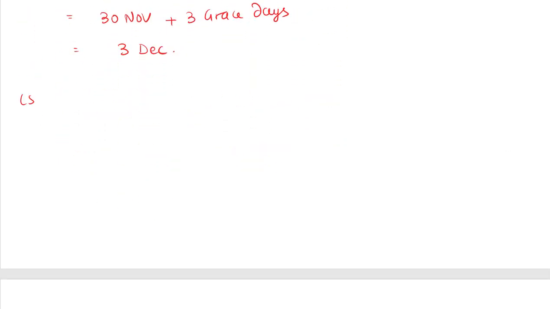Next case, case 5. A 1 month bill drawn on 28th February 2014.